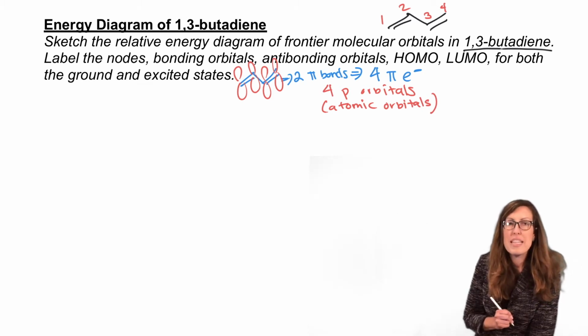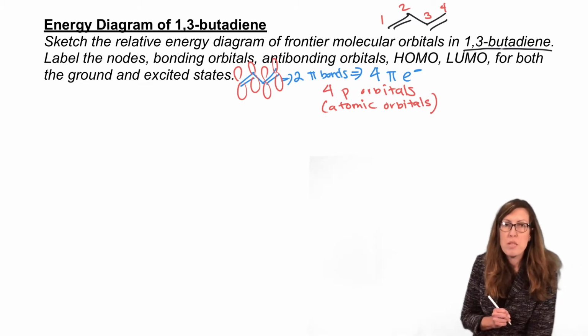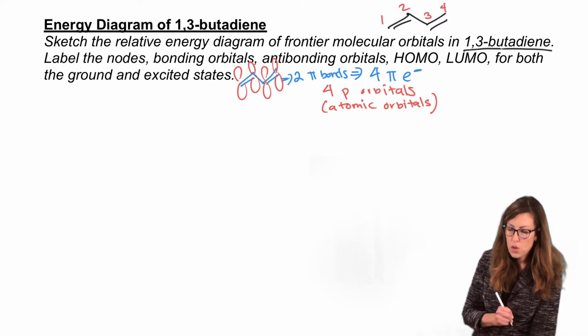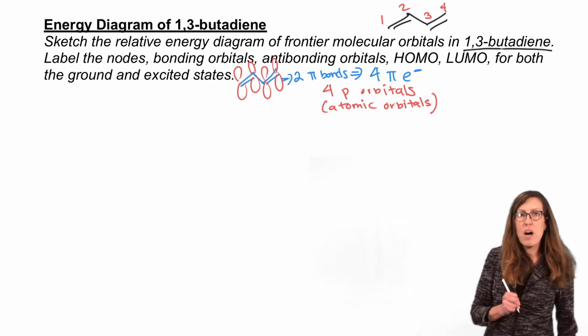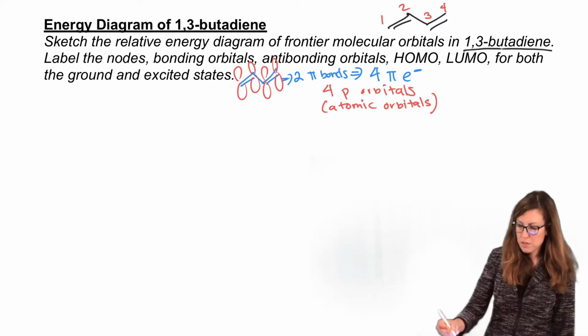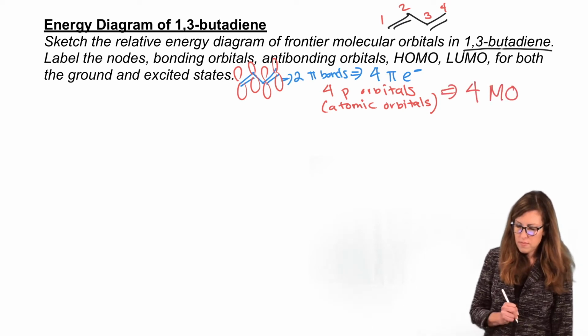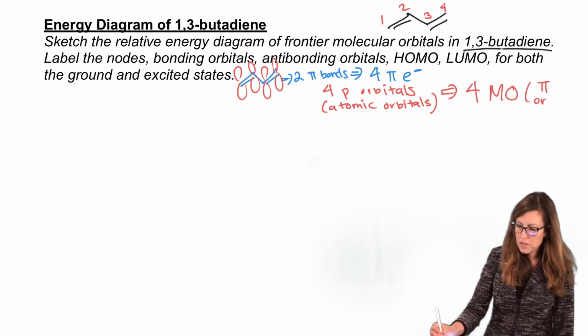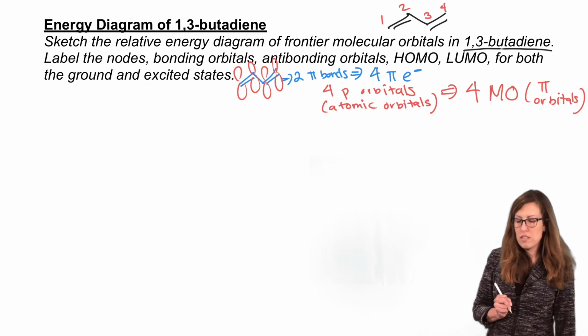But we're discussing MO theory, molecular orbital theory. So those overlap to make 4 possible molecular orbitals. We call those pi orbitals, to give us the pi bonds.